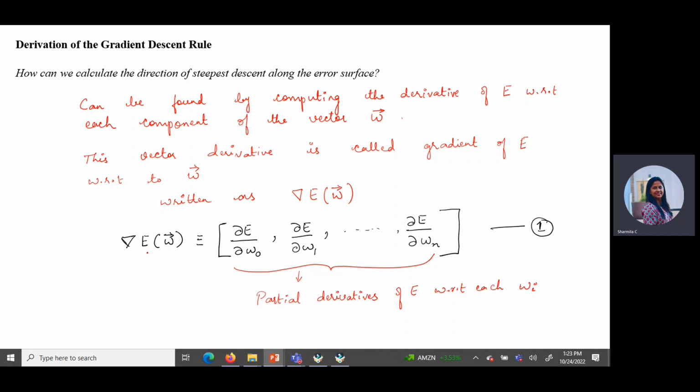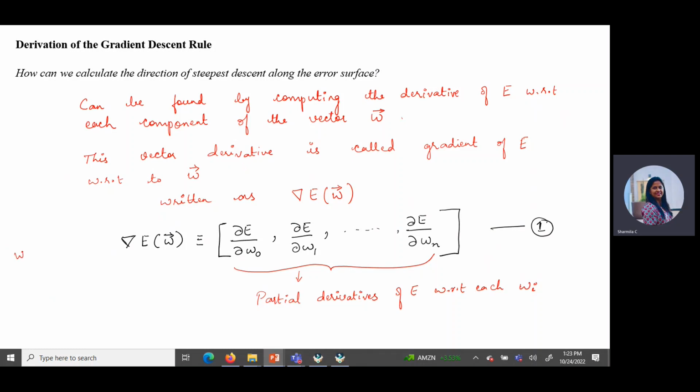The gradient of the error with respect to the weight vector is given as the partial derivative of E with respect to weight 0, the partial derivative of E with respect to weight 1, and so on, up to the partial derivative of E with respect to weight n. These are the partial derivatives of E with respect to the weights Wi.